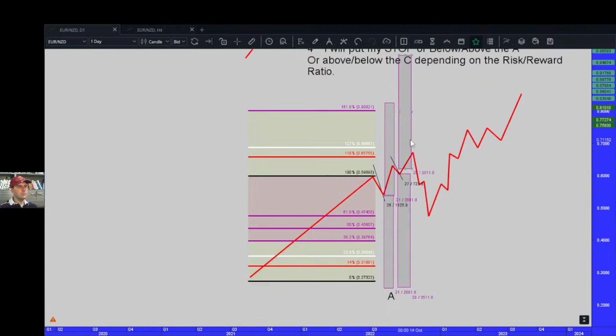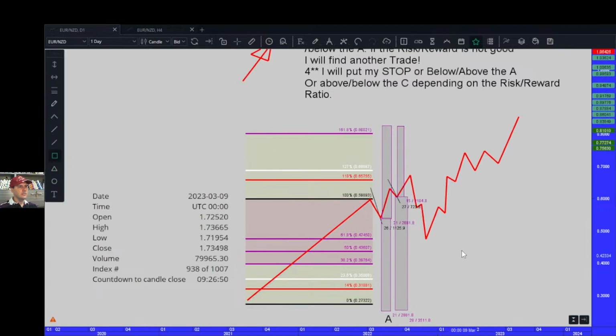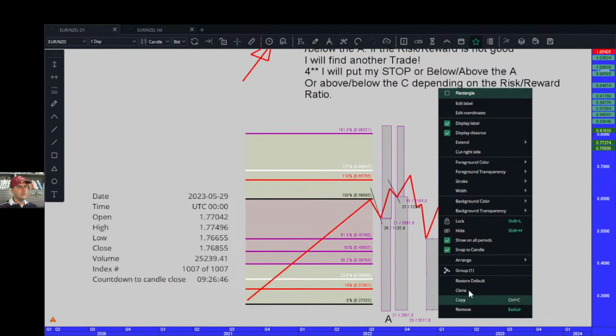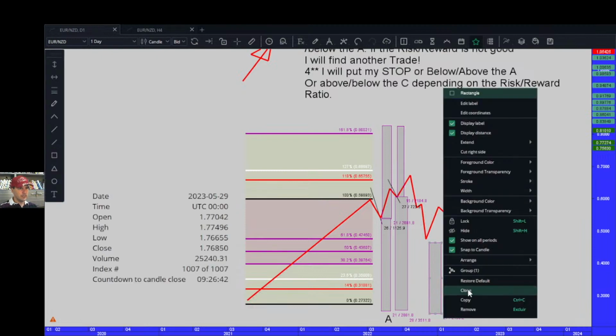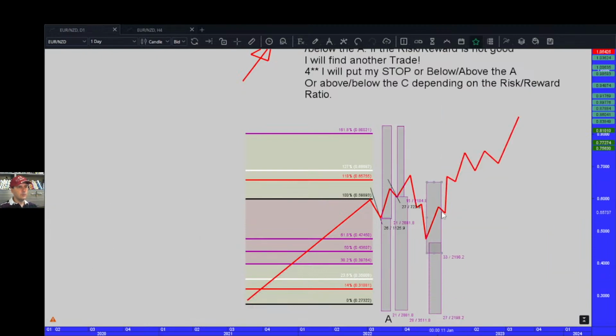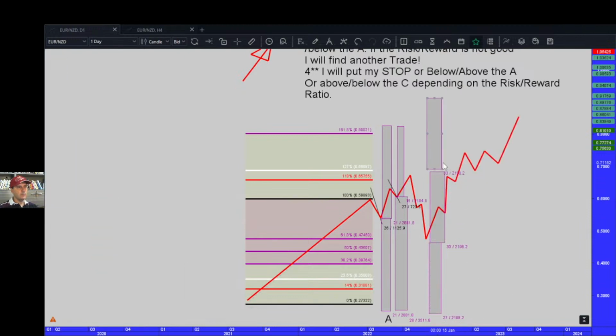You are risking more than you are making. Make sense, everybody? Now the third one, this would be your entry. You're risking 1. Right click again, clone. You are risking 1 and you're going for 1 per 2 roughly, or 1.5.